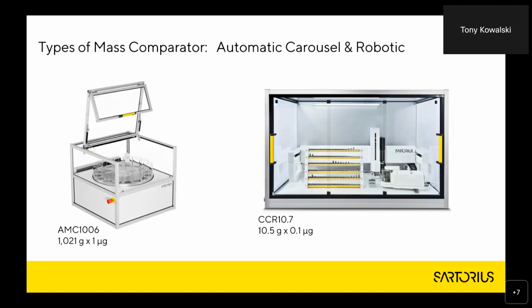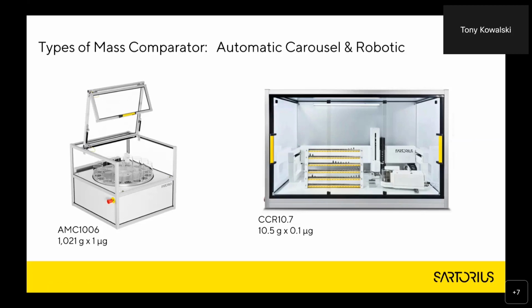Other alternatives are what we call robotic mass comparators. And in a robotic mass comparator, in this case, for example, you could have as many as 120 weight positions in the magazine. The robot is able to collect the weights, take them to the mass comparator, both the test weight and the reference weight, and simply alternate between the test weight and the reference weight.